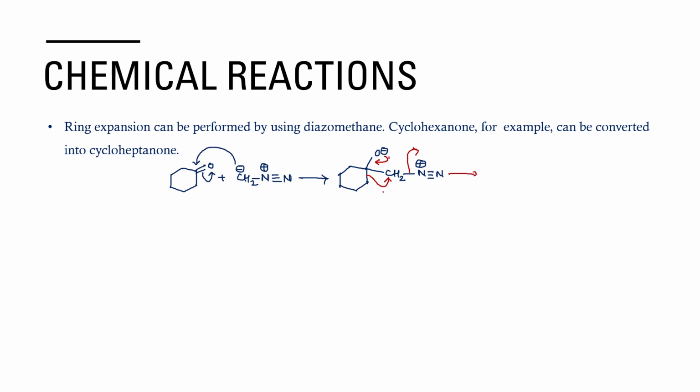So 1, 2, 3, and we get O and N2. OK? So a 6-membered ring became 7-membered. You can make a 6-membered from a 5-membered. So it's a pretty interesting reaction.